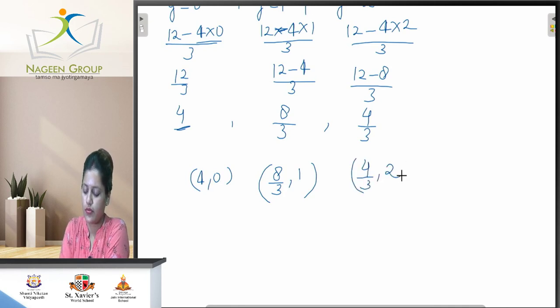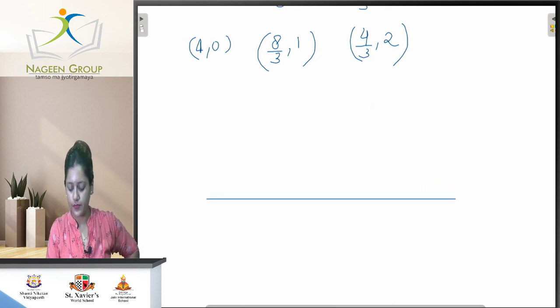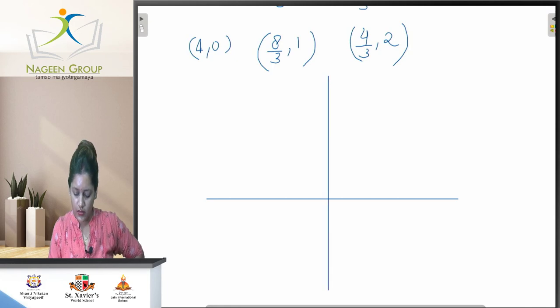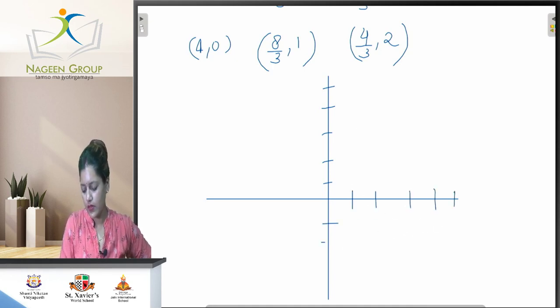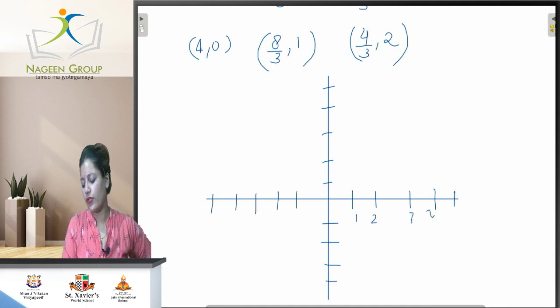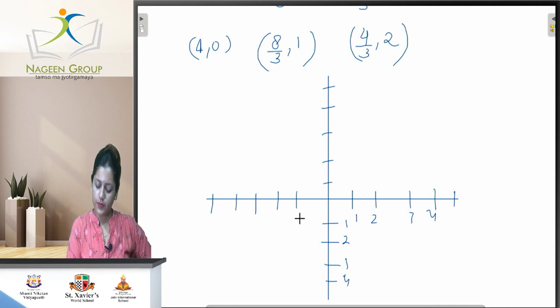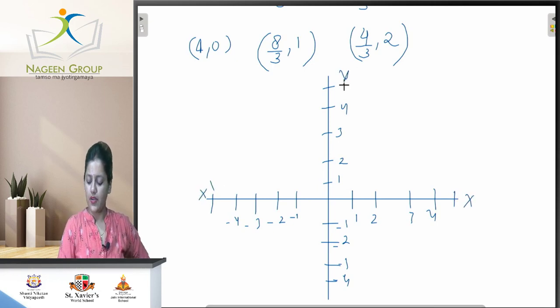So now we are putting these points on a graph paper. Here 1, 2, 3, 4 on each side, and the negatives of it. After that, 1, 2, 3, 4; this is x dash, this is y dash.